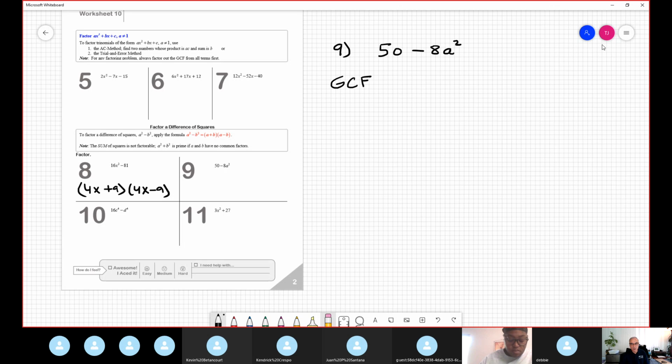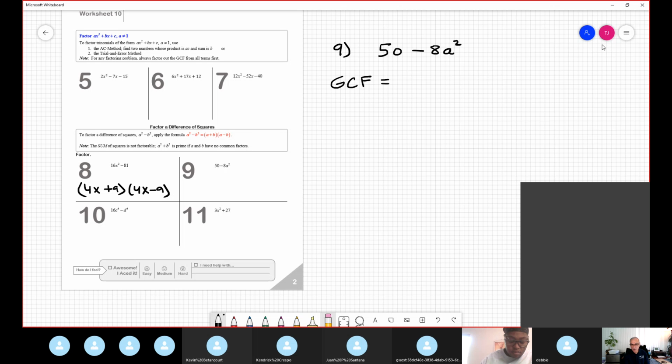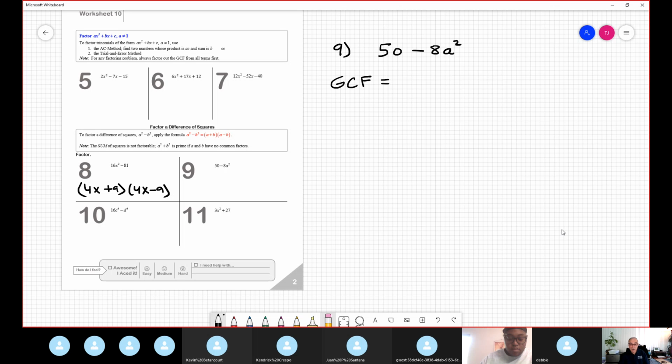When the GCF is 1, you don't need to do anything. But when the GCF is not 1, what is the GCF between 50 and 8? I take 50 and 8 and break them down by prime factorization. The factorization of 50 is 2 times 5 times 5, and of 8 is 2 times 2 times 2. So what is the GCF? The only common factor between 50 and 8 is 2.